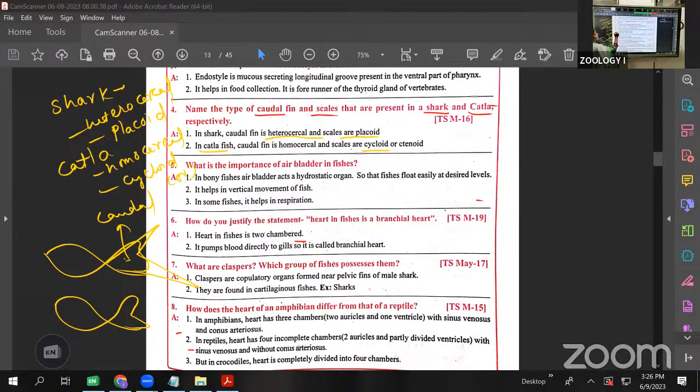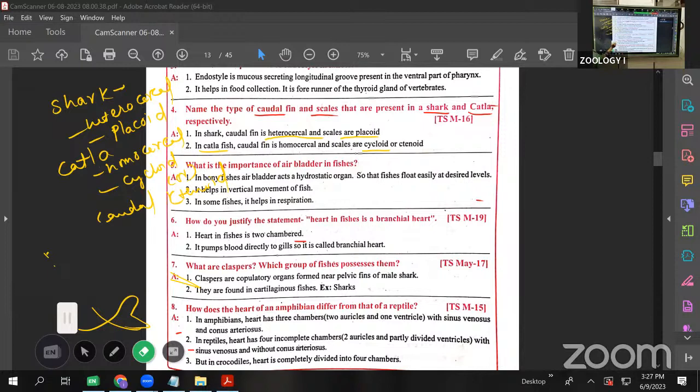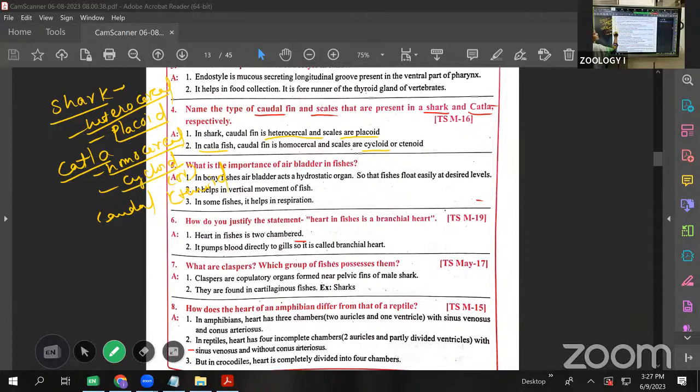Ctenoid scales are present. So in the two fishes, the shark has a heterocercal caudal fin with placoid scales. In the catla, the caudal fin is homocercal, and the scales are cycloid or ctenoid type.